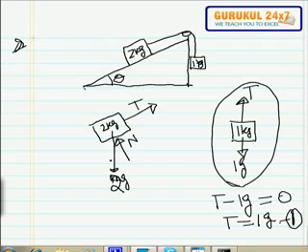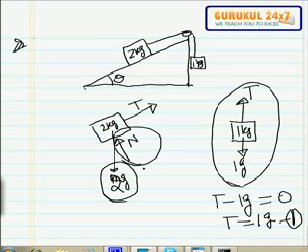But how do we write this thing for the 2 kilogram? This is not straightforward. How do we do this? Well, the way to do it is to resolve the forces along the incline, that is perpendicular to the incline, perpendicular to the wedge, and parallel to the wedge. Normal force or the normal reaction from the wedge is already perpendicular to the wedge.